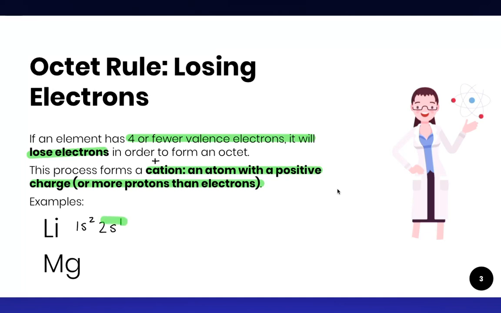There is 1 electron in the highest occupied energy level, meaning that if lithium just loses that 1 electron, it will have a stable, well, not necessarily an octet, but its lowest energy level is full because the main level 1 is full with only 2 electrons. So it will form a cation, or you could also say that it will lose electrons.